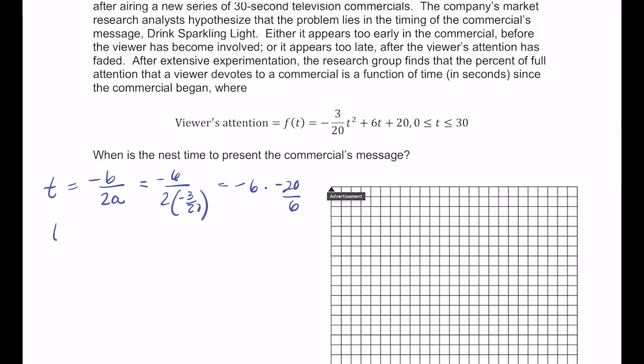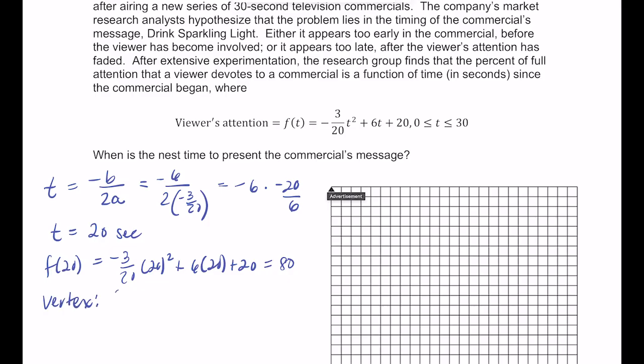And when I solve that, I get t equals 20. So I know at 20 seconds, there's going to be a maximum. If I want to find what that maximum is, I would just find f of 20. And when you do that, you end up with 80. So I know that my vertex is going to be at (20, 80).